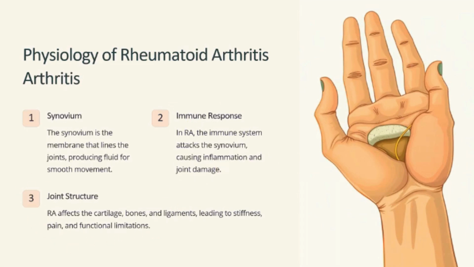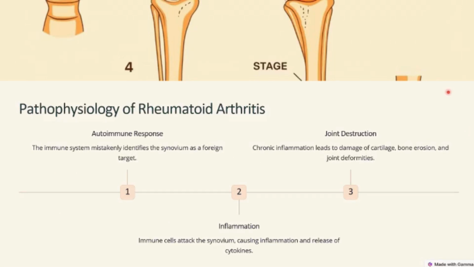Now here's where things get more specific with the pathophysiology. In rheumatoid arthritis, the immune response releases inflammatory chemicals called cytokines.